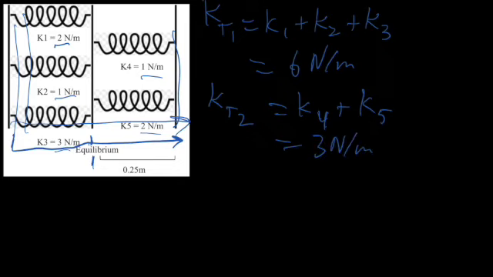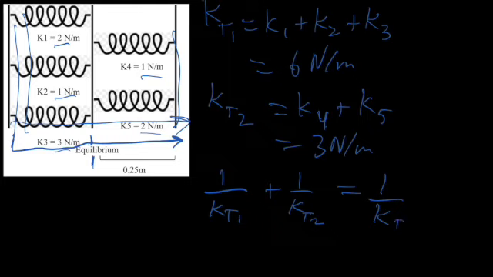And if you notice they're in series here, so what we have to do is take the reciprocal. So 1 over kt1 plus 1 over kt2 is going to equal 1 over the actual k value. If we look at that, what we have is 1 over 6 Newtons per meter plus 1 over 3 Newtons per meter equals 1 over this k total.